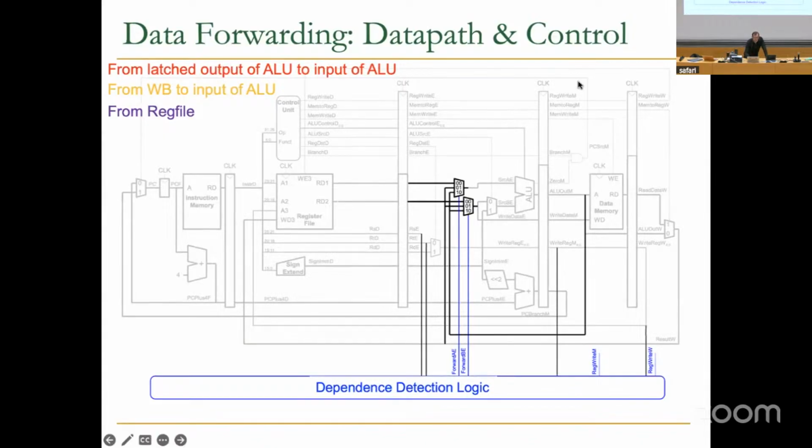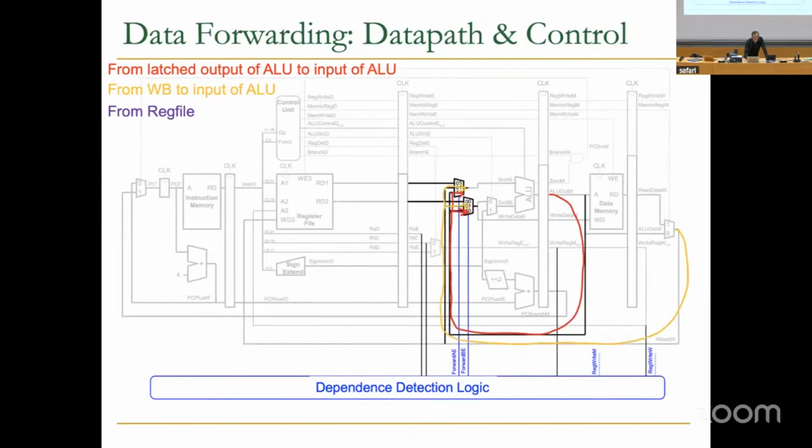And then we need some logic to select between them, of course. So basically from the latched output of the ALU to the input of the ALU. That's this example. Meaning you're forwarding the value produced by the instruction that's here to the instruction that's just starting executing, okay? Two instructions back to back.